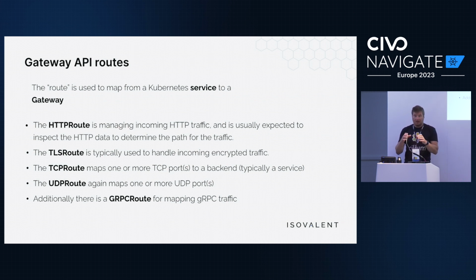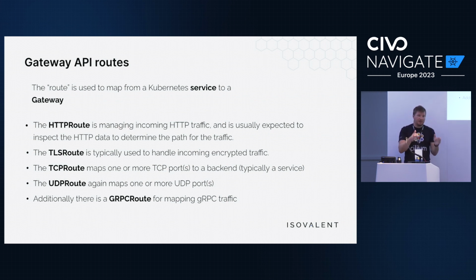So the concept of routes inside a gateway API implementation are the way into the actual cluster itself. And that is the mapping between the outside world and what's actually coming into the cluster itself. So there's a number of obvious routes that exist in the Gateway API project. The most common is the HTTP route.